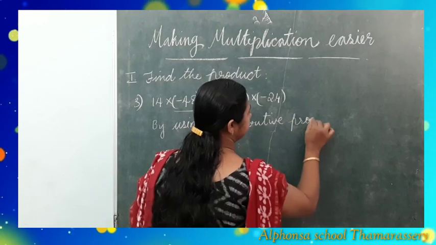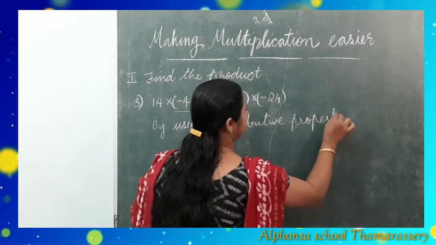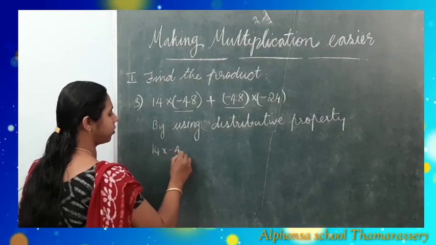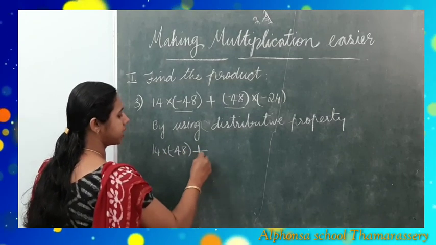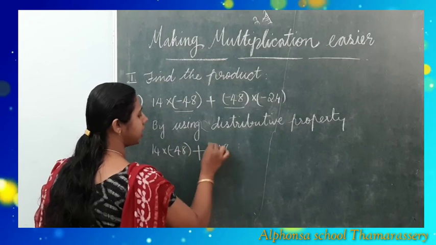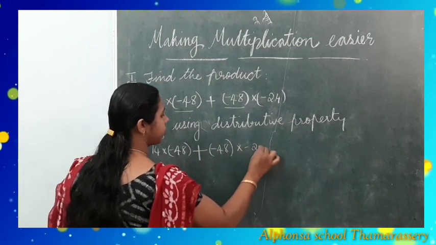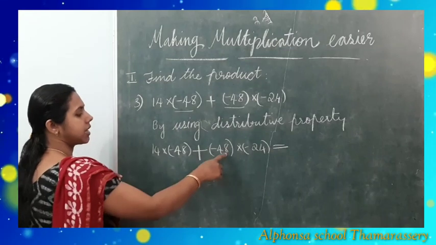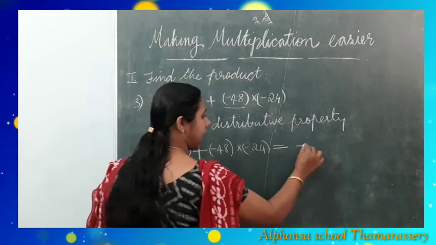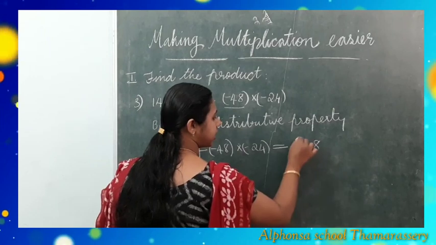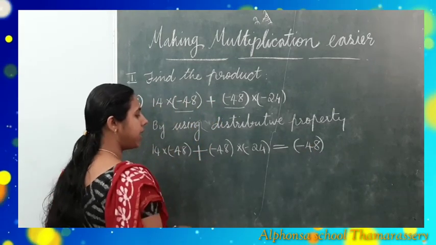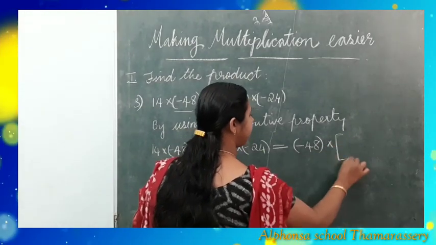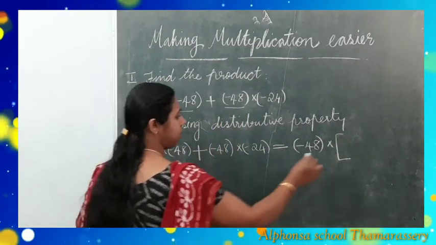we can write it as 14 into minus 48 plus minus 48 into minus 24 is equal to A into B plus A into C, which is equal to A into the common factor, take it out, A into B plus C. A into B. What is B here? 14.